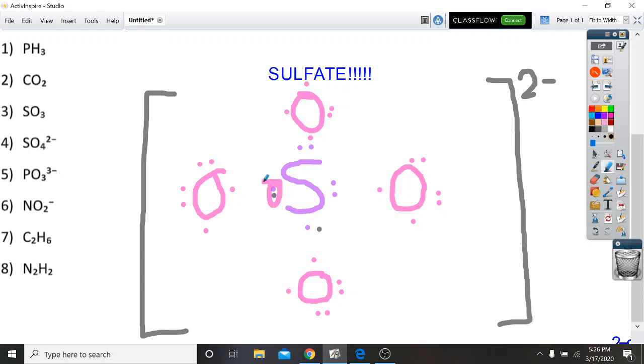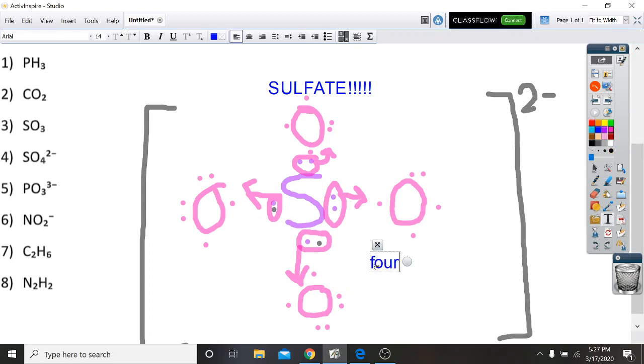So that's one. Here's another one. Which means this would be 4 coordinate bonds. Okay, 4 coordinate bonds. Now, in the last one, what we said was 2 single bonds and 2 coordinate bonds.